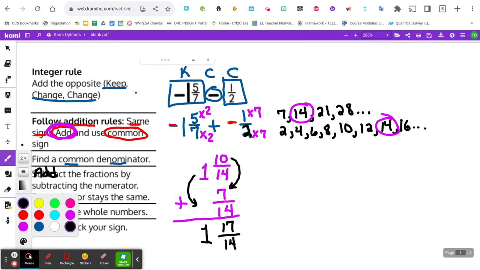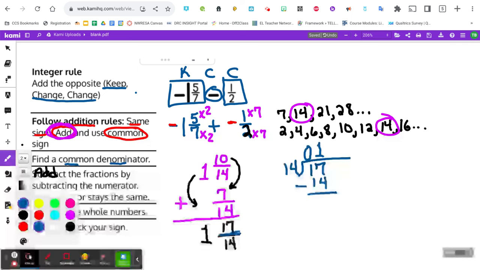Now, hopefully you can look at that 17/14 and know that that is an improper fraction. To turn that into a proper fraction, what we're going to do is recognize that this line means division, and we're going to take 17 and divide it by 14. 14 cannot go into 1, but 14 can go into 17 one time, and 1 times 14 is 14. We're going to subtract out. 17 minus 14 is 3.